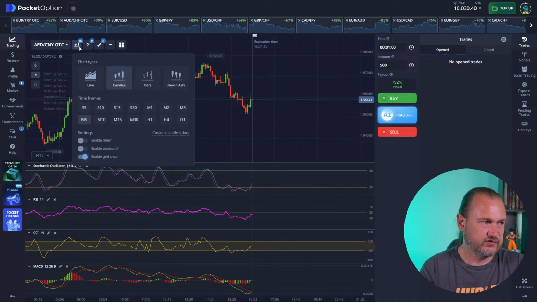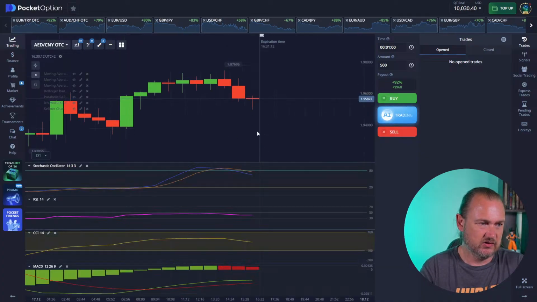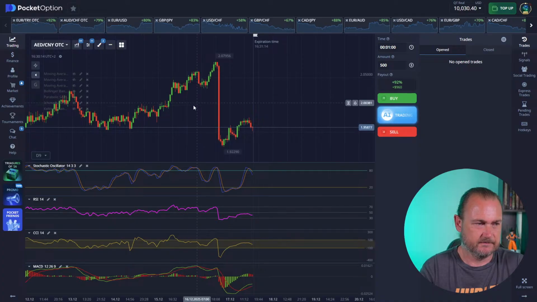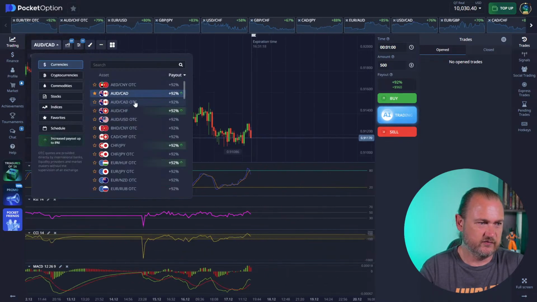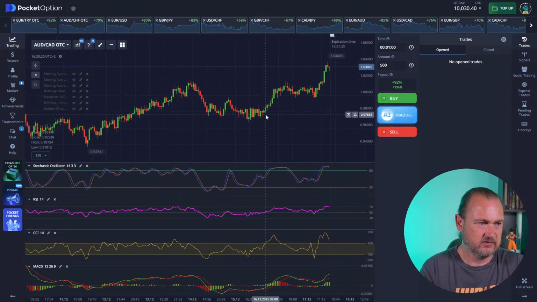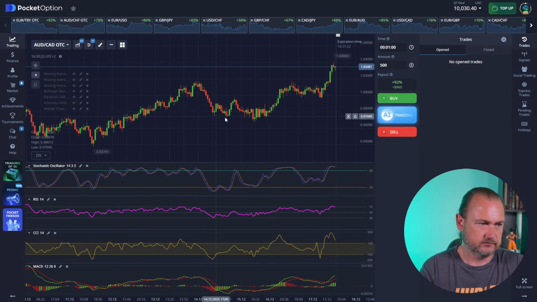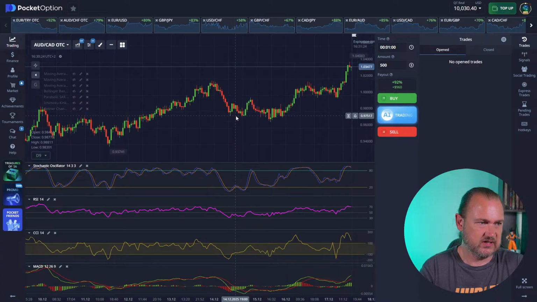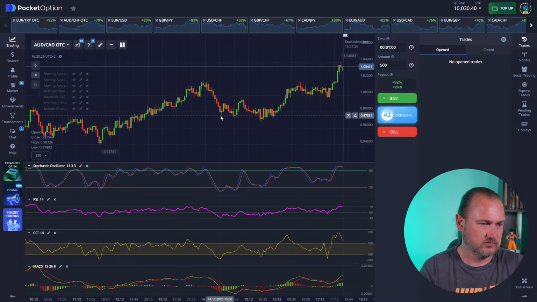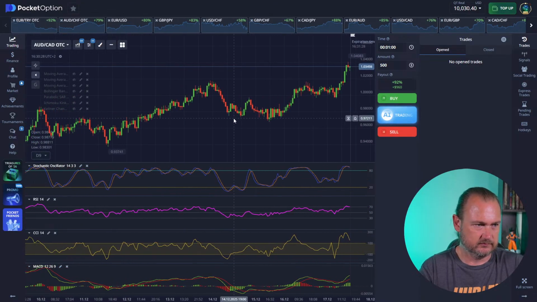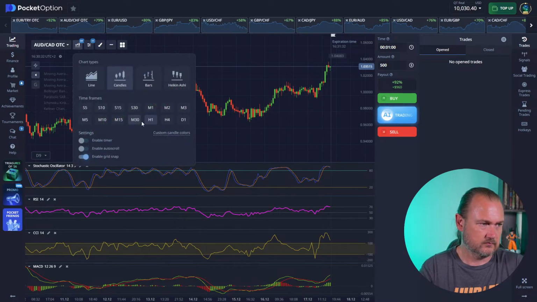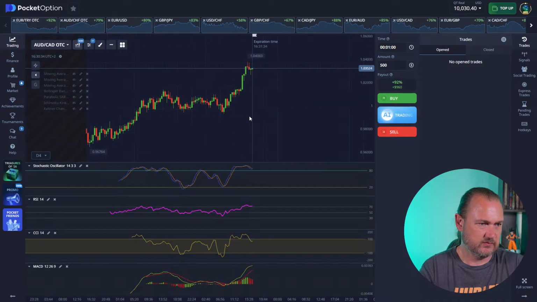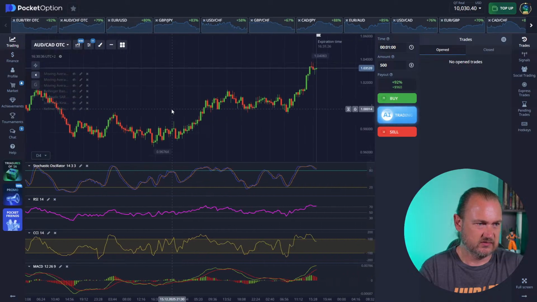If you go to an asset and look at the higher time frames, let's say the 1 hour, I'm just going to look for an asset that's trending nicely, because I want an asset that's running in a channel. Let me see what this looks like on 30 minutes.